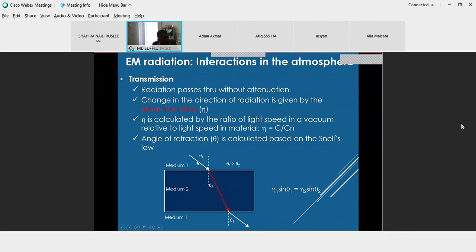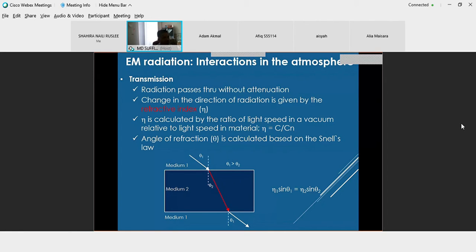Bermaksud bahawa kalau contoh medium 1 katakan 0.1, medium 2 0.3, so dia akan refract lebih kecil, ataupun dia punya angle ni lebih kecil. Dan daripada medium yang mempunyai index yang lebih besar ke medium yang mempunyai index yang lebih kecil, so dia akan refract, dia punya angle tu lebih besar. So ini juga kita kena tahu, that's why kita kena tahu the refractive index for seawater.